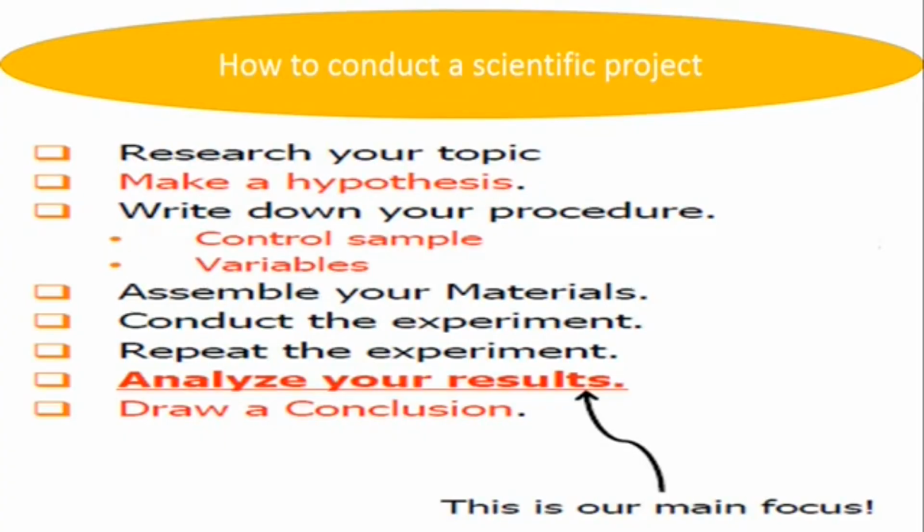Generally in a scientific project, you need to make a hypothesis about your study, write down your procedure with a control sample as well as the variables that you are going to use in your study. You assemble your material, conduct the experiment, repeat the experiment, and finally analyze your data and draw the conclusion. That's where descriptive statistics intervene, before the analysis of your results.